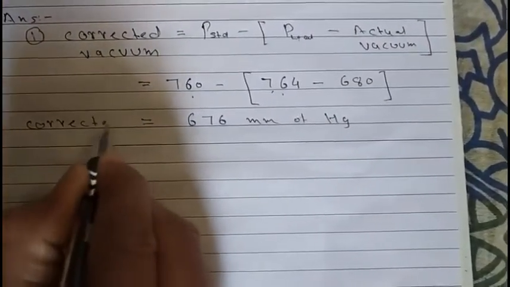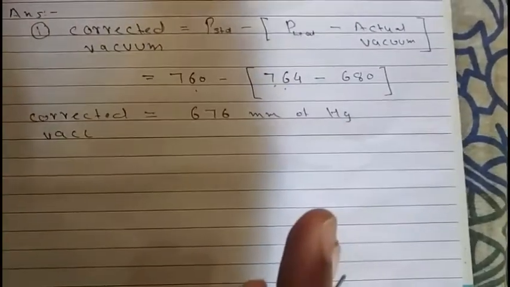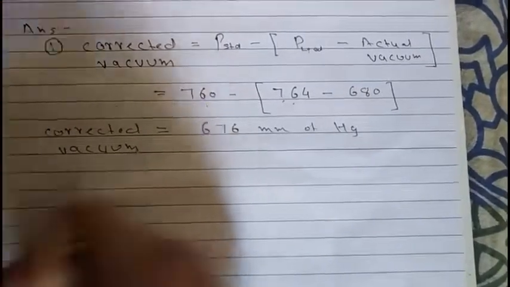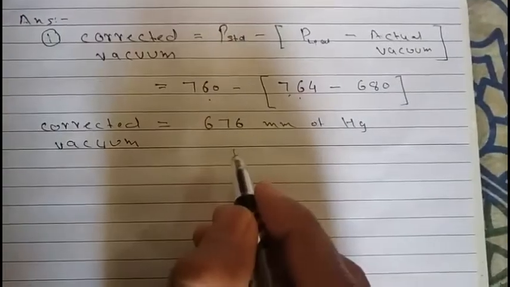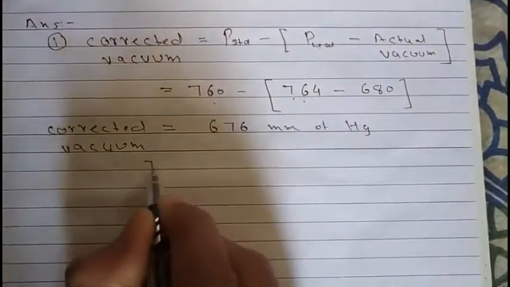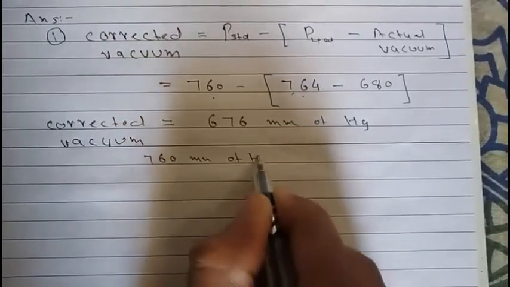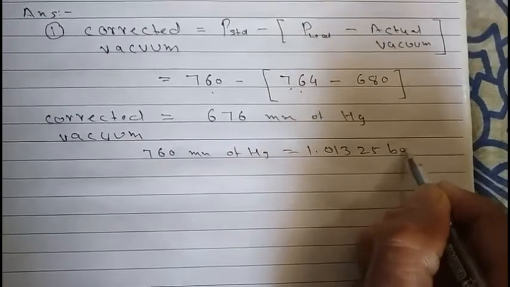So this is actually the corrected vacuum. That is the vacuum corrected to the standard atmospheric pressure, because the local atmospheric pressure in this case is different from the standard atmospheric pressure. So 676 mm of Hg. If you want to convert it into bar, you can convert it from this formula, because we know that 760 mm of Hg is equal to 1.01325 bar.